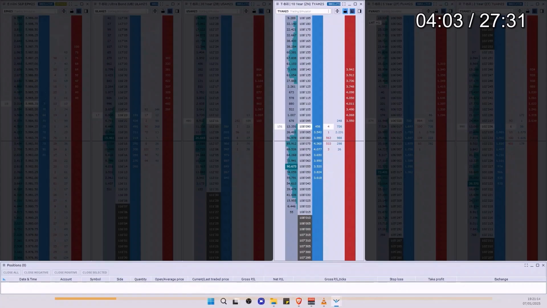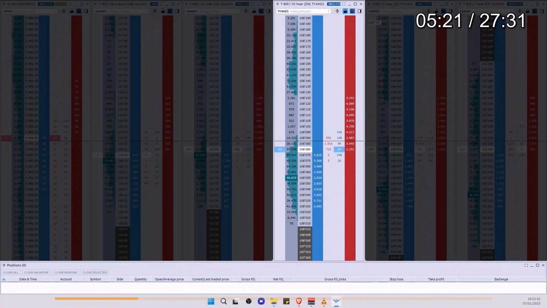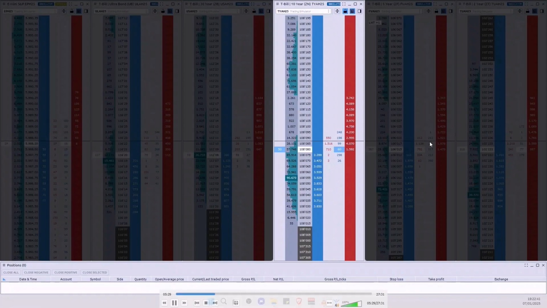Yeah, the buyers are still trying to attack, but everything is absorbed. And now, let me go forward a little bit. And let's see what is happening here. Yeah, so here we also see that basically this number is deliberately reduced.